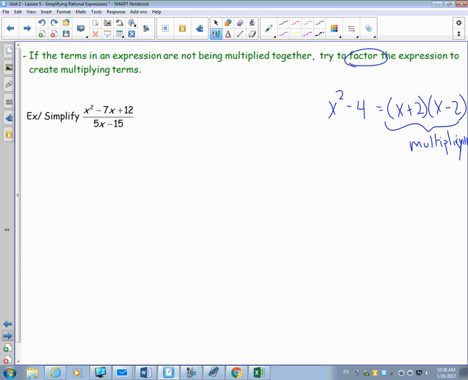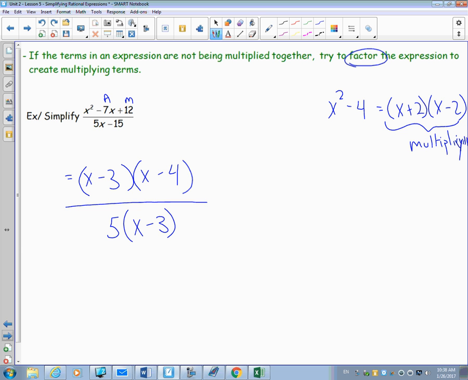So let's look at our example here. I can't cancel anything right now. I only see plus and minus signs. There is no multiplying. But on the top, I can do a simple trinomial. x minus 3, x minus 4. On the bottom, we have a common factor. I can take a 5 out of both things.